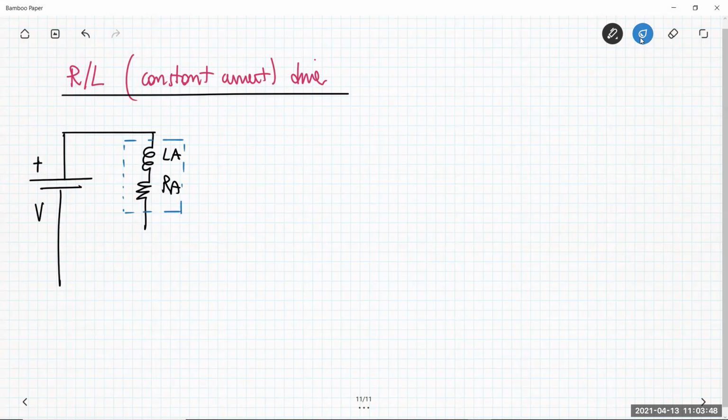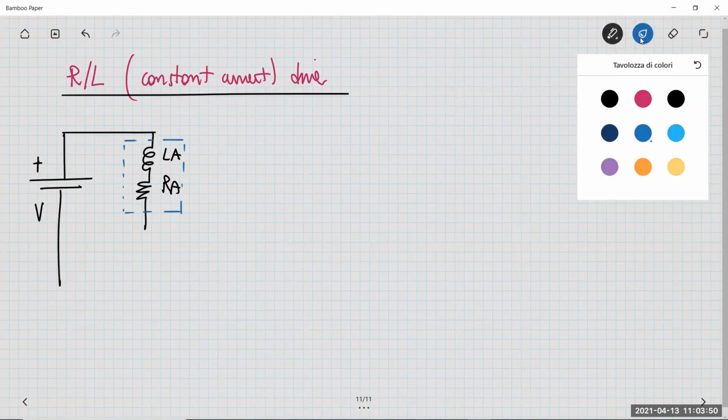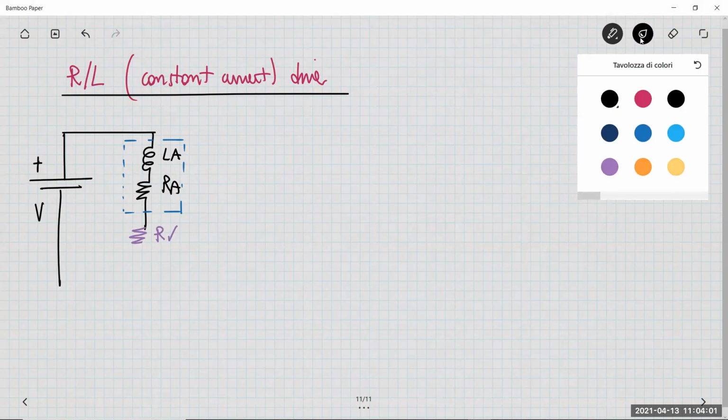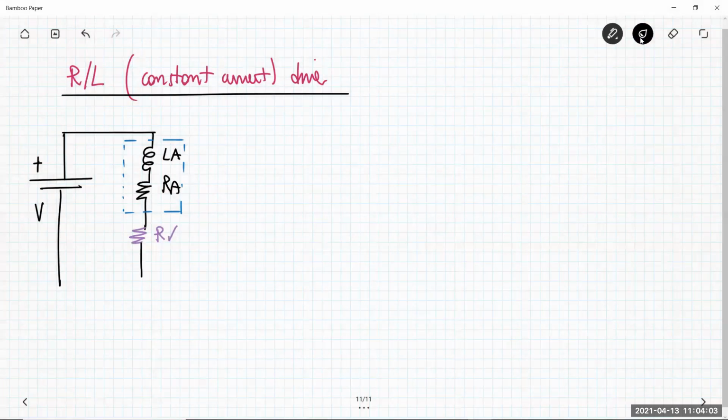They are not discrete parameters that you can add into your circuit. But then let me put here another resistance, let me call it R, let's say V, which is a discrete resistor that I can put in the circuit in series with the phase. And then we have the switch, for example, an N-channel MOSFET.